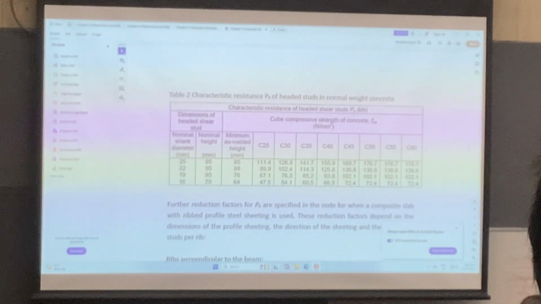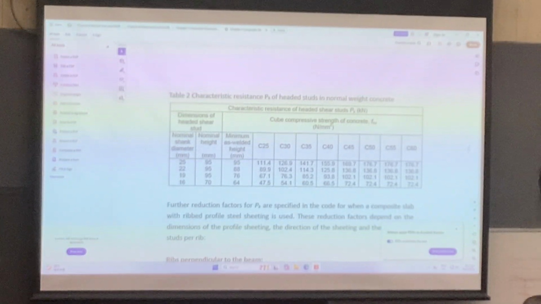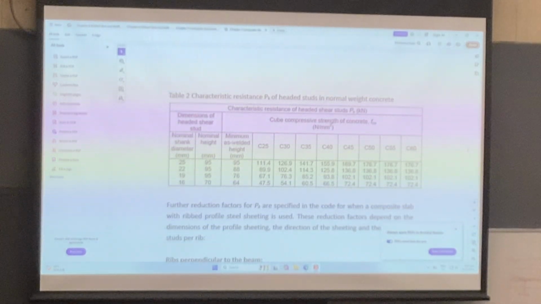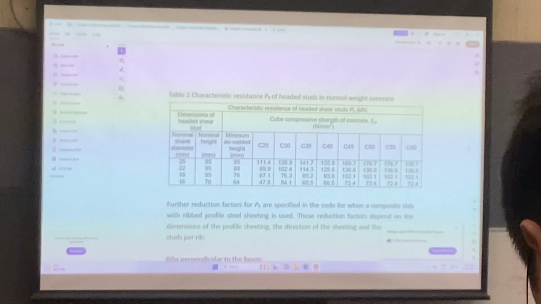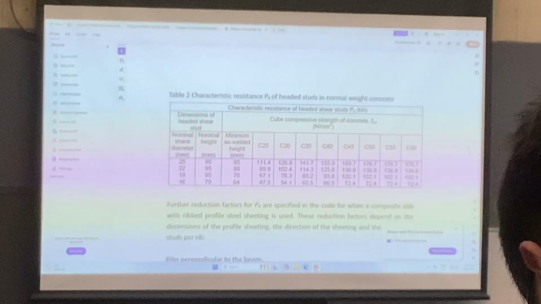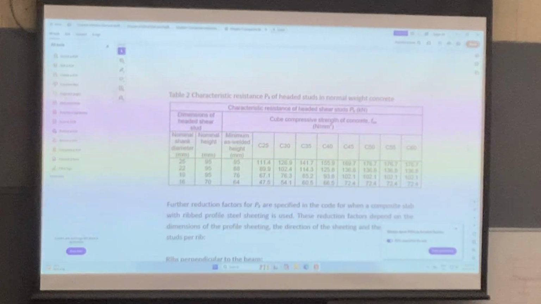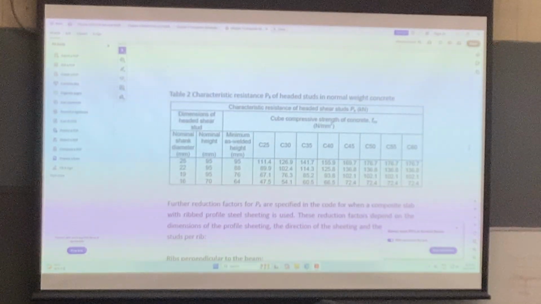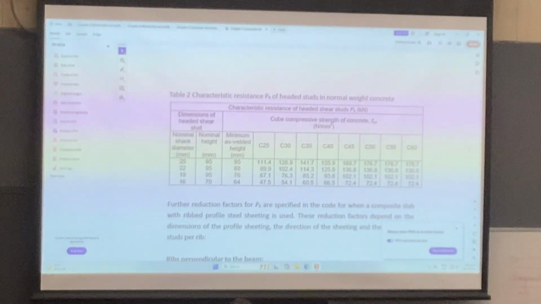You have the stud here, something like that, and then the nominal height is actually... The stud diameter can be 16 up to 25 mm, while the nominal height usually is 70 to 95 mm.